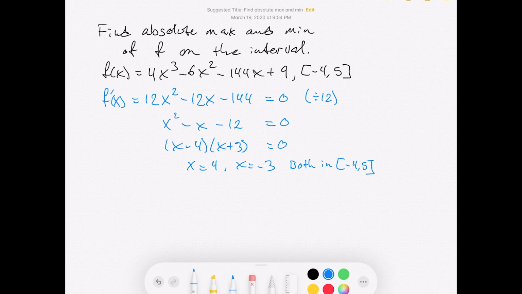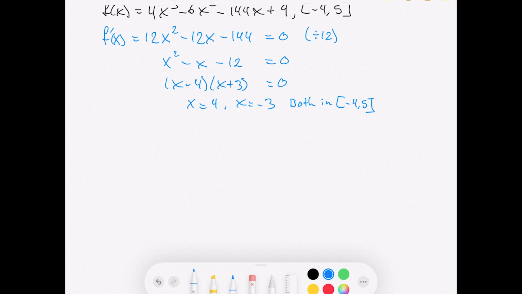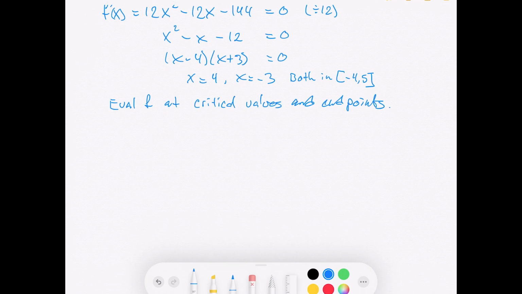And the next thing I'd like to do is evaluate our function f at critical values and endpoints. It's a good thing I'm saying it and not just writing it, or you'd be totally lost if you had to only read my handwriting.